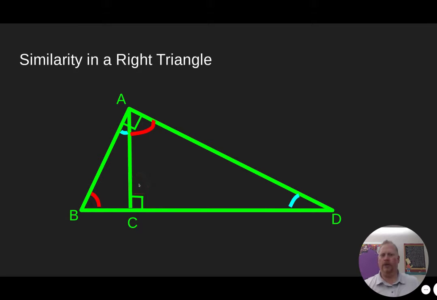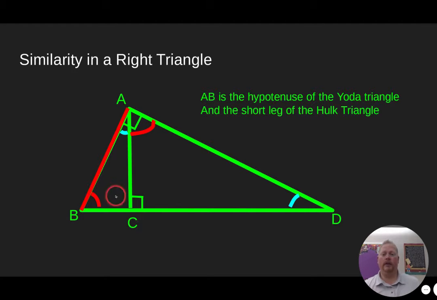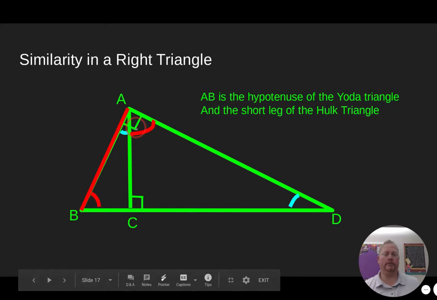So something I want you to know, there are 3 pieces in this picture here that are in 2 different triangles. So this side AB, it's the hypotenuse for the baby Yoda triangle. It's also the short leg for the Hulk triangle.